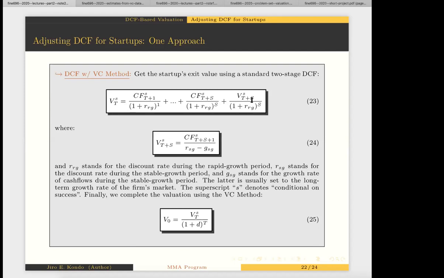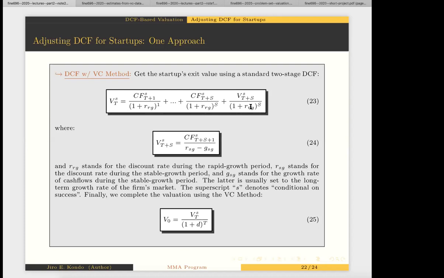You would expect to sell the company for this much because that's how much it's worth at time t plus s. So what would be the value of that at time t? You sell in s periods, which is why I discount by s. You receive this cash flow in s periods. You receive this cash flow in 1 period. Right, okay.